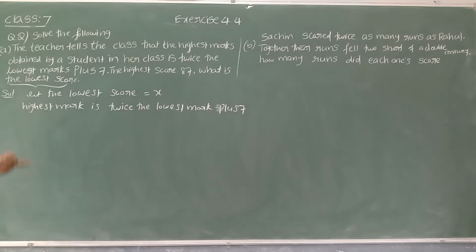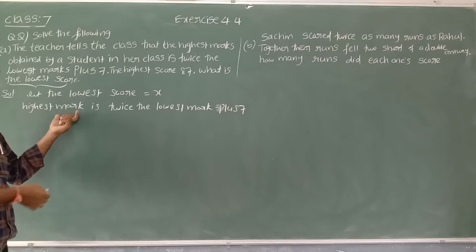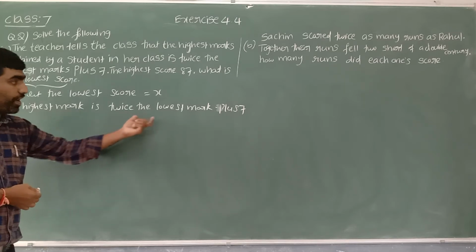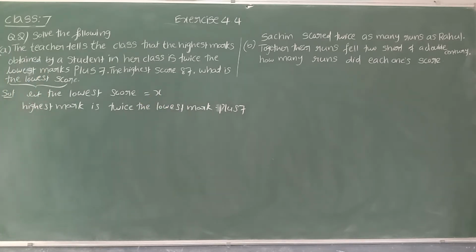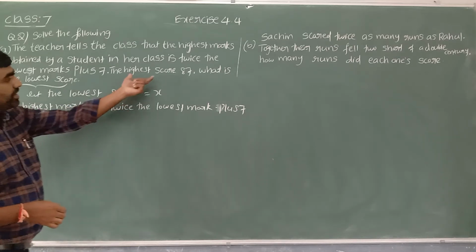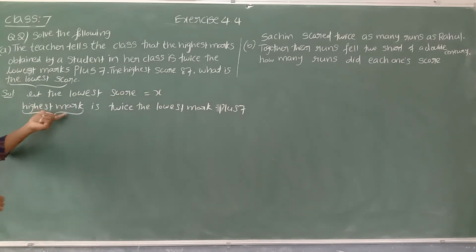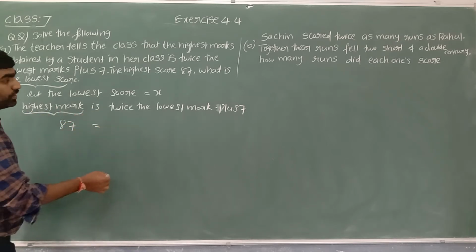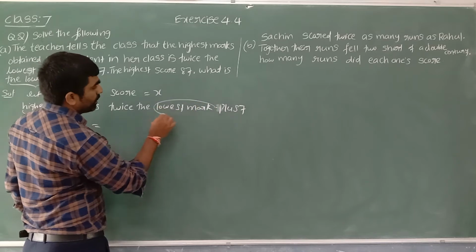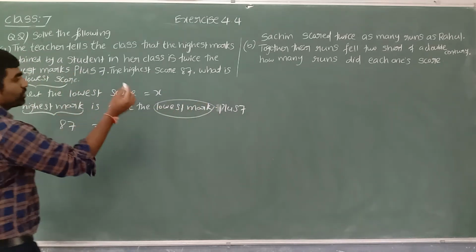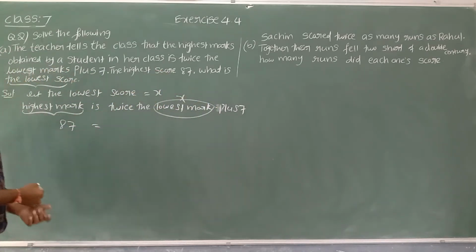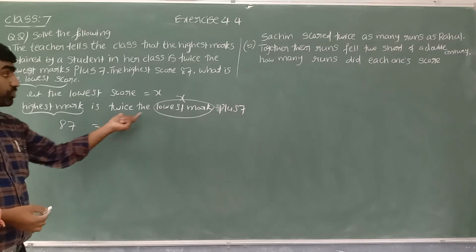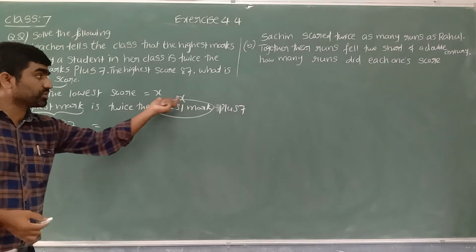The highest mark obtained by a student is twice the lowest mark plus 7. Here we can see the highest mark. What is the highest mark? The highest score is 87. In the place of highest mark, let 87 be equal. The unknown value lowest mark, we already took as x. Now the lowest score is equal to x. We can see twice x, I mean 2 times x.